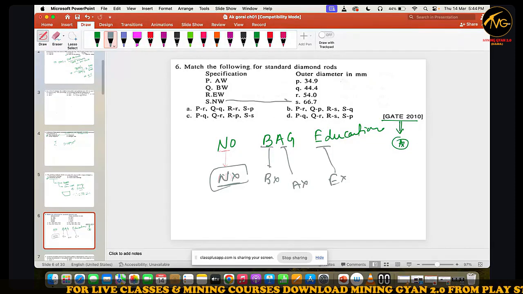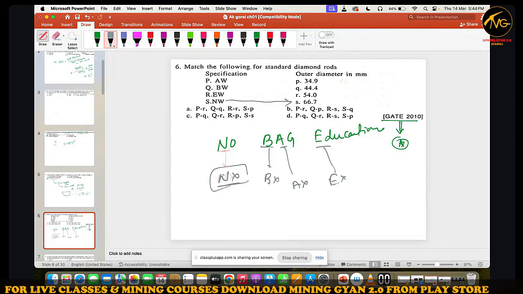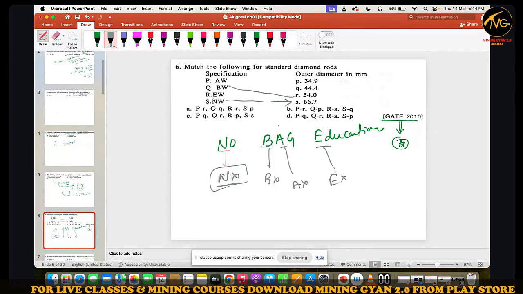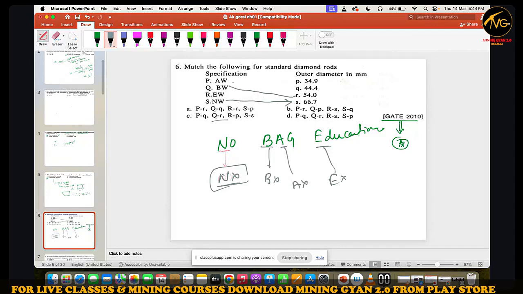So this is the outer diameter in mm. Then this, then AX.